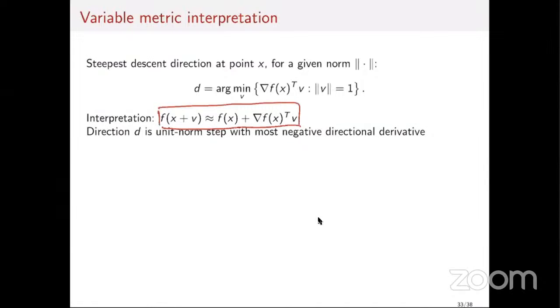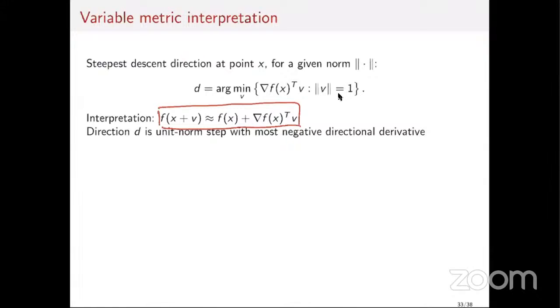Now if we want to define a steepest descent direction, the direction where the function moves the most, then this is one way of defining it. You fix a norm, a certain way to measure the magnitude of vectors, and you look for the direction where the function f has the smallest, in this case the most negative, directional derivative. You have to normalize things, so you use this norm to normalize this v.